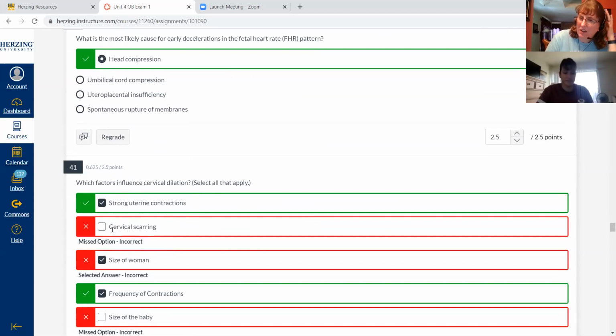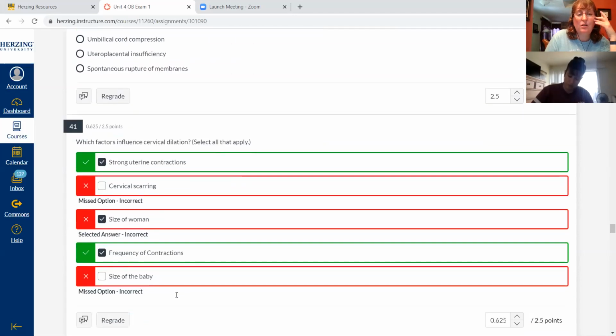Size of the woman is not going to affect how you dilate. And then frequency of contractions, that would. And the size of the baby would be though, because as the baby comes down the birth canal and pushes, that actually makes sense. If you have a bigger baby, you're going to dilate a little bit better. Got it.